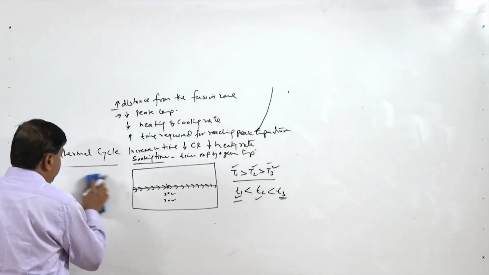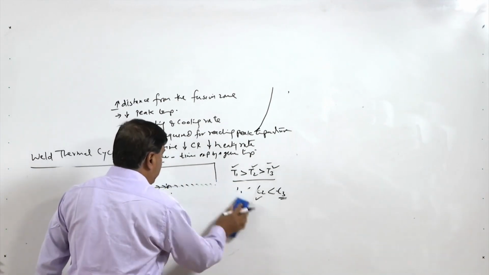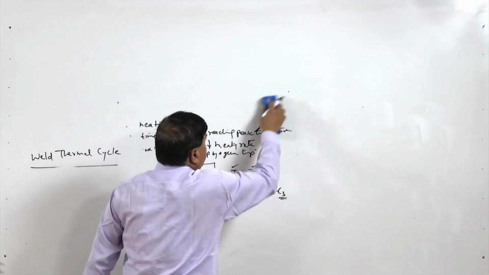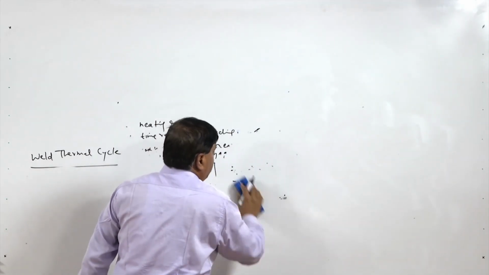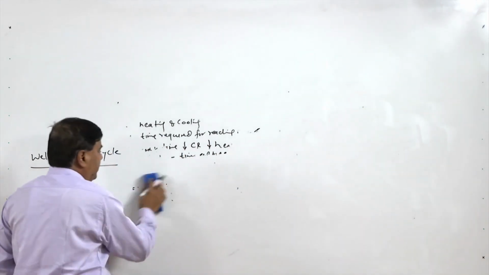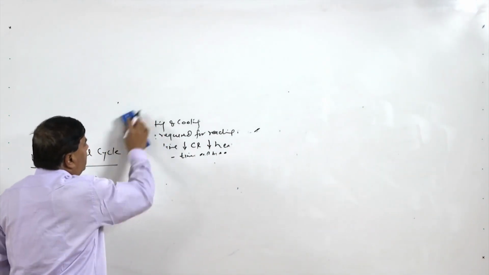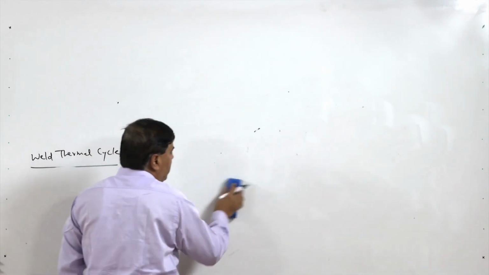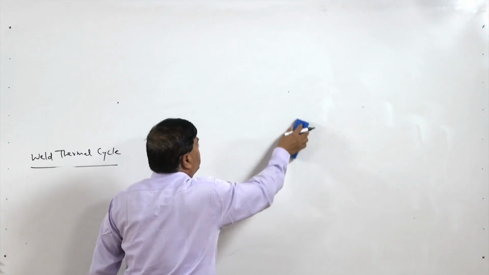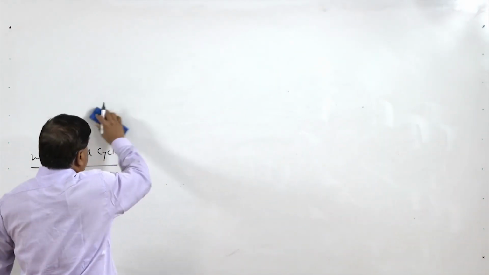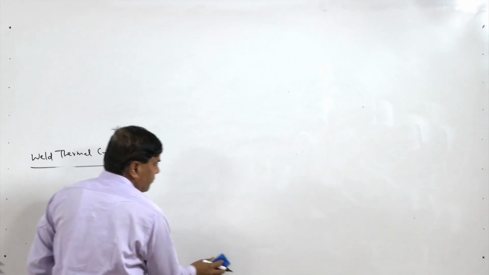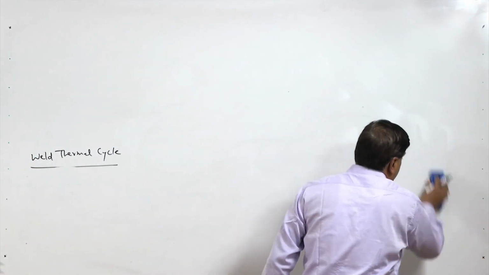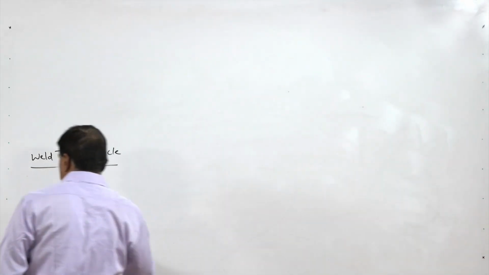So, the factors affecting the weld thermal cycle. Basically there are three important factors which affect the weld thermal cycle. These are the amount of the heat being supplied per unit length, which is the net heat input, the second is the preheat temperature of the base metal, and third is the base metal characteristic.